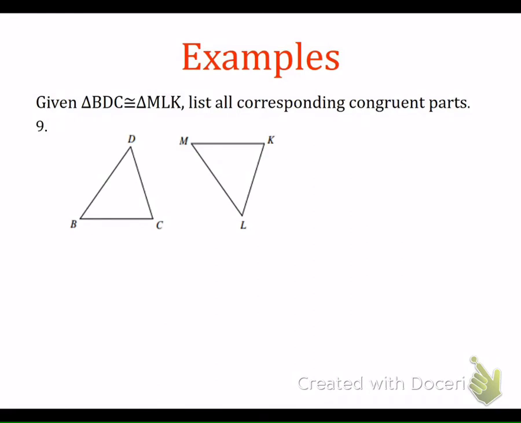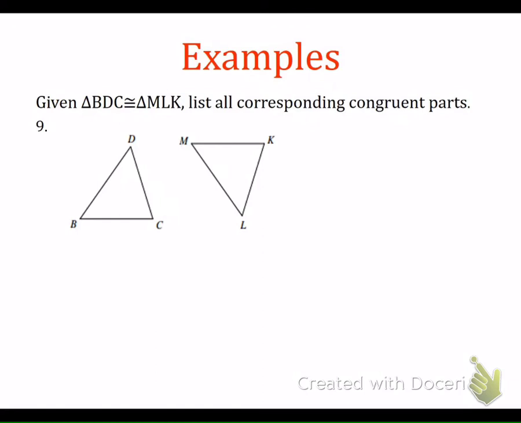Now, the next one says, given triangle BDC is congruent to triangle MLK, list all the corresponding congruent parts. So, there's a few different ways we can approach this. I'm going to start by labeling the triangle, okay? So, B has to go with which one?